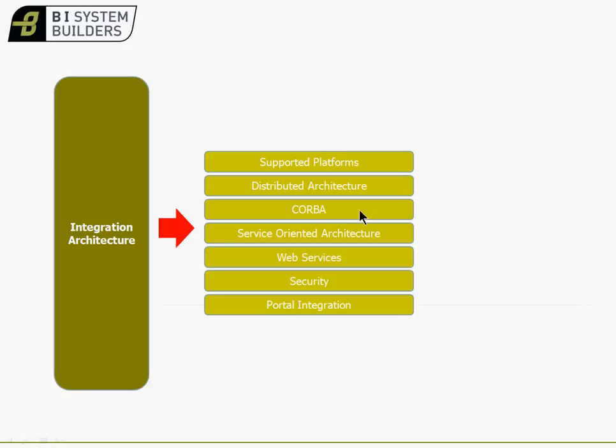Now, integration architecture. You remember that I said that the SAP BusinessObjects BI4 platform, and actually from the earliest release, since the acquisition of Crystal Decisions, runs on Corba, Common Object Request Broker Architecture.